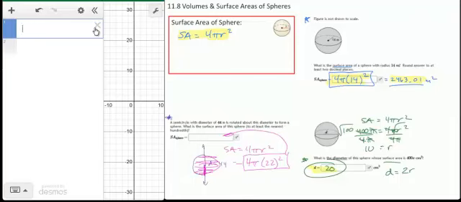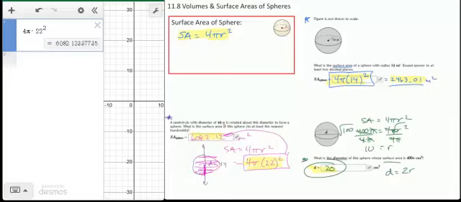And if you plug this in, 4 pi times 22 squared, you would get your answer here of 6,082.12. The units are meters. Again, we're dealing with the surface area, so it is square meters. But either of those would be acceptable ways to enter your solution.